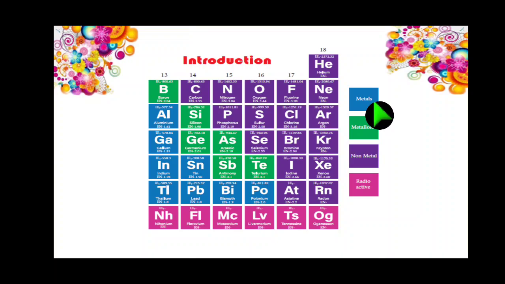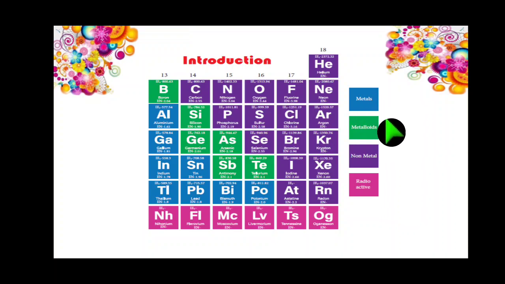So these elements have quite varied properties, and this block contains metals, non-metals and metalloids. Here the elements given with dark blue color show metals: aluminum, gallium, indium, thallium, tin, lead, bismuth, polonium.